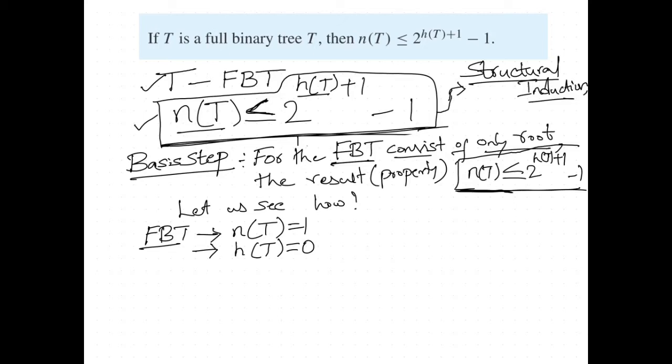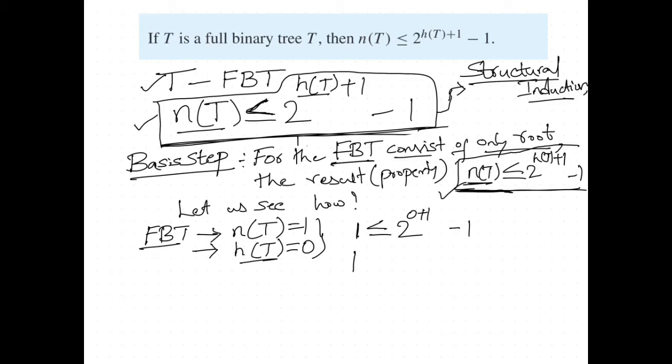Now you substitute these two values here. N of t is 1, less than or equal to 2 to the power of h of t, which is 0, plus 1, and minus 1.